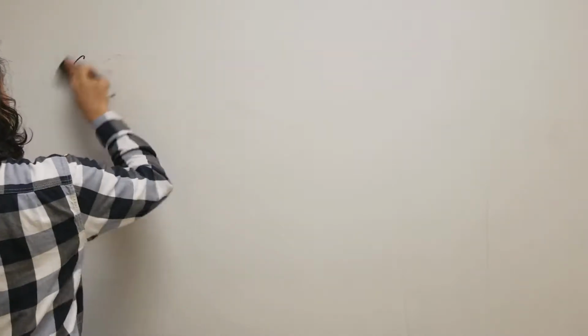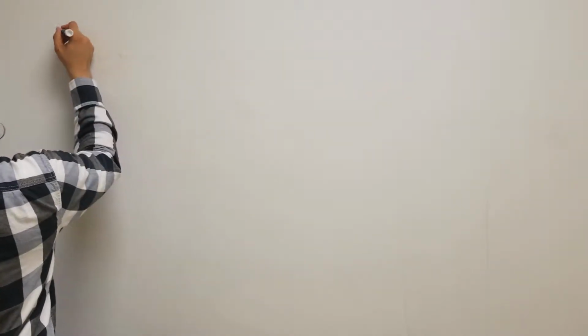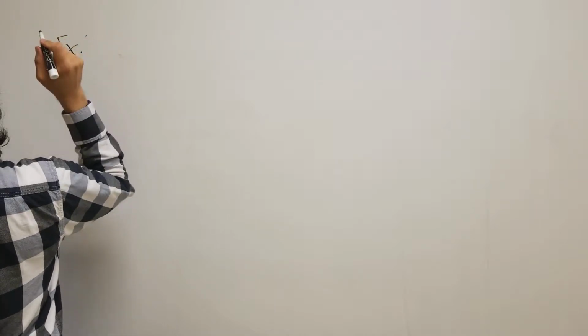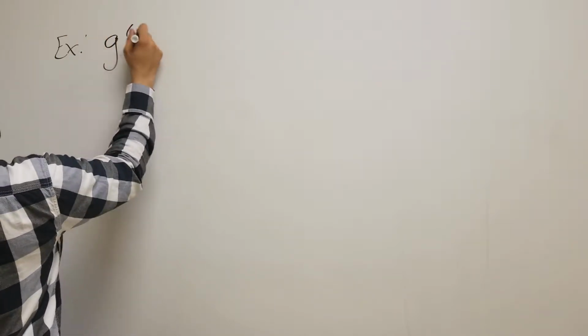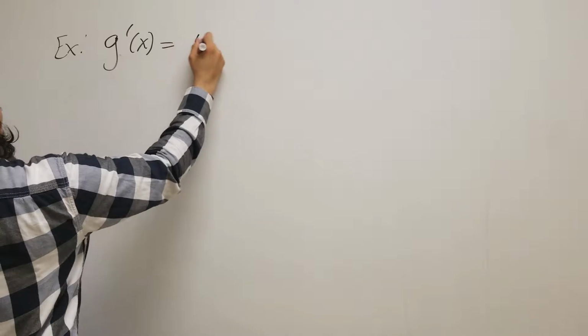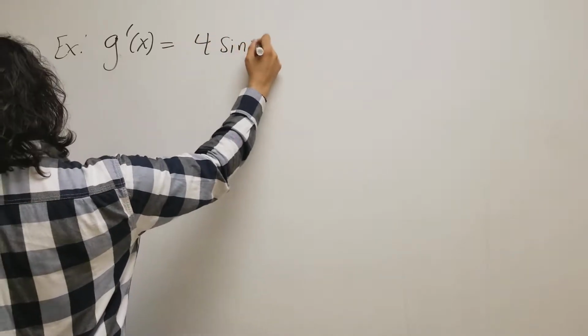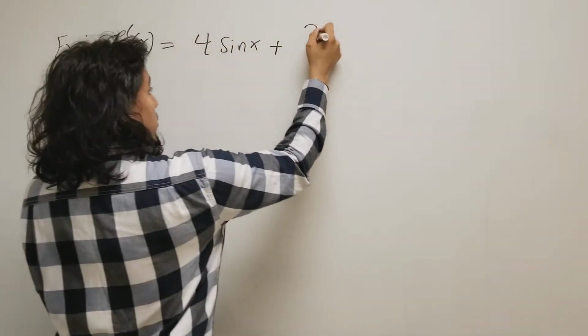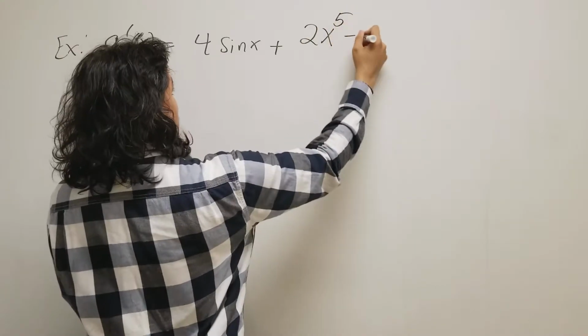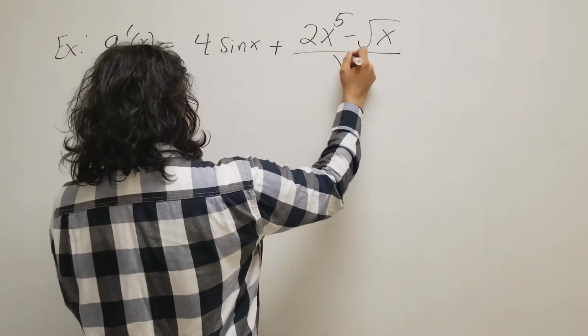Example. Let's say our derivative is g prime, which is 4 sine of x plus 2x to the 5th minus root x, all over x.